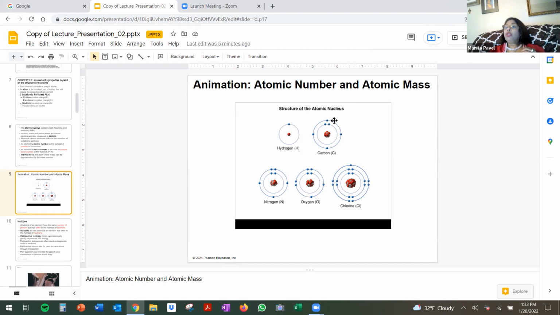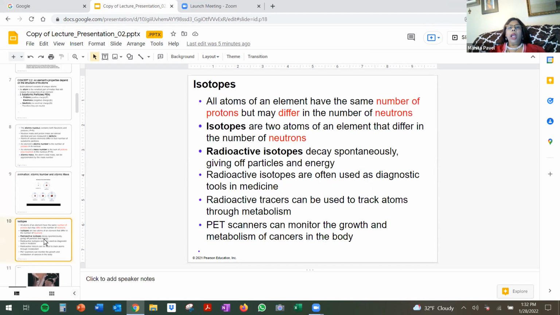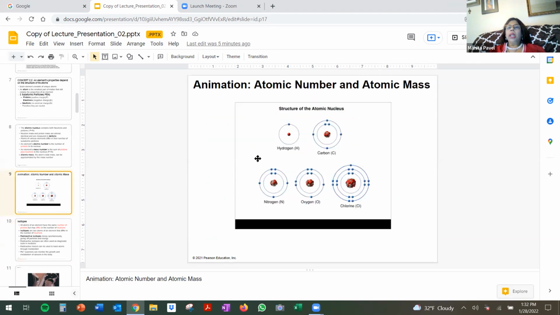Negatively charged particles called electrons revolve in an orbital. So how do we define an orbital? An orbital is an area in space around the nucleus in which electrons revolve or are found. You will find electrons only in orbitals.